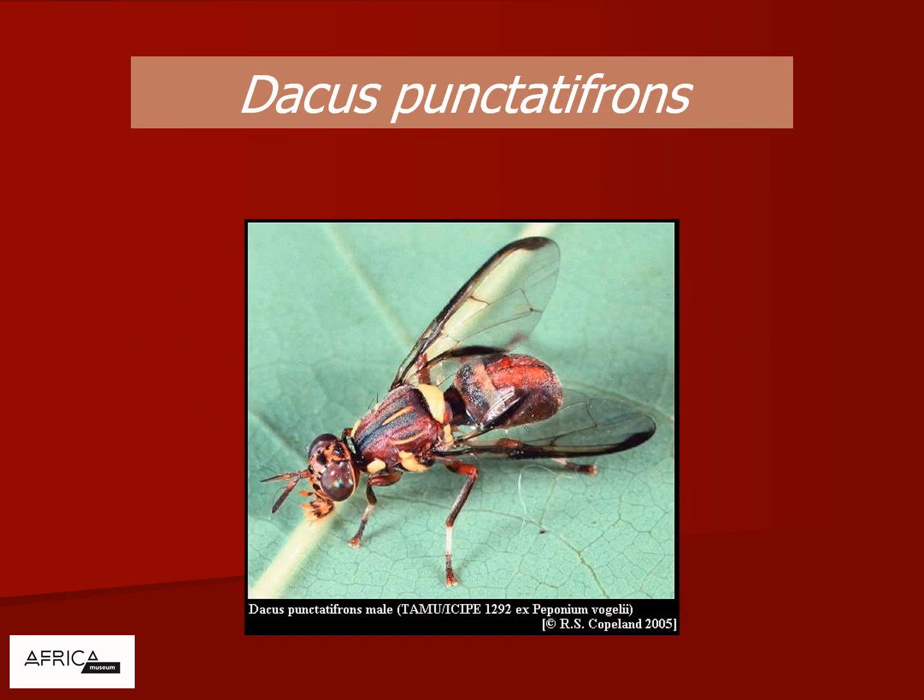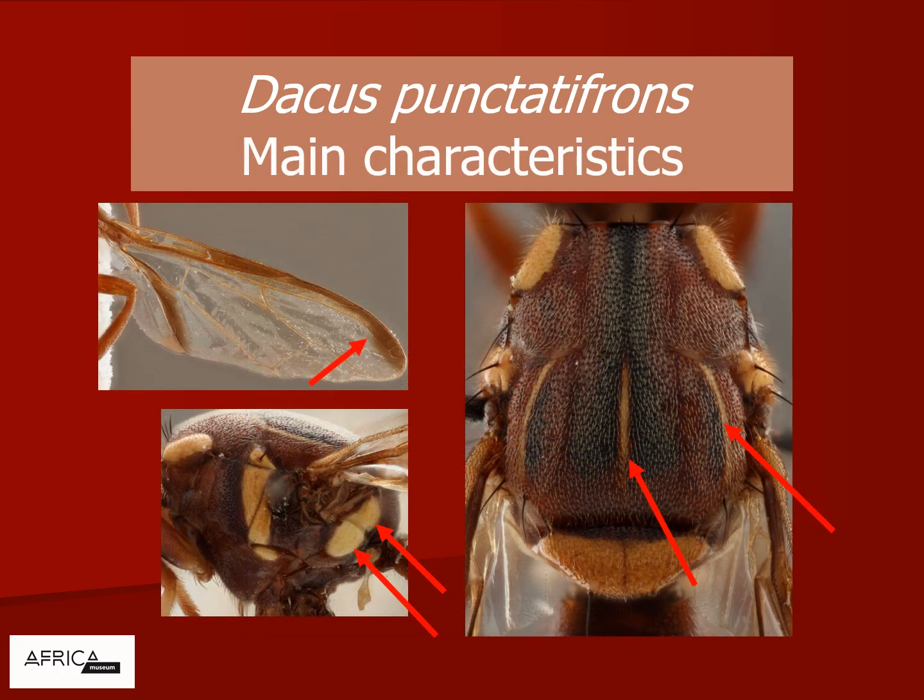Another often encountered species among Dacus is Dacus punctatifrons, for which you see a habitus image here. The thorax shows several similar characters also encountered in the previous species, in particular the presence of three longitudinal lines in dorsal view and both the katepisternite and anepisternite colored yellow, as seen in the lateral view.